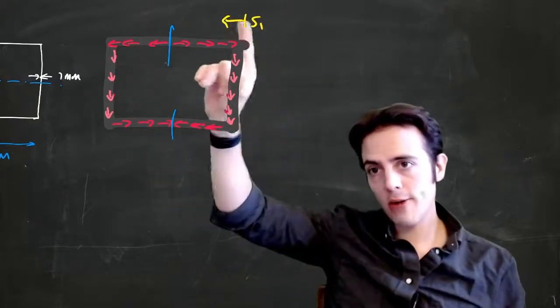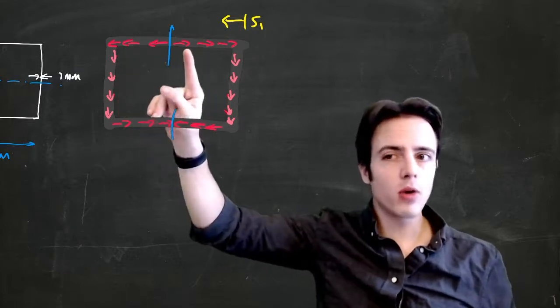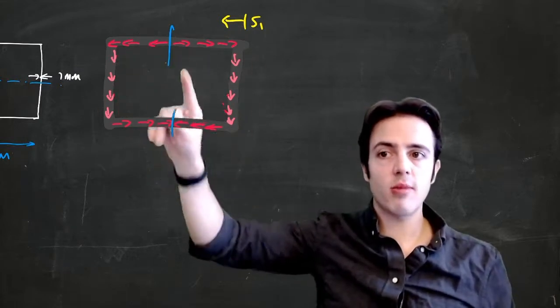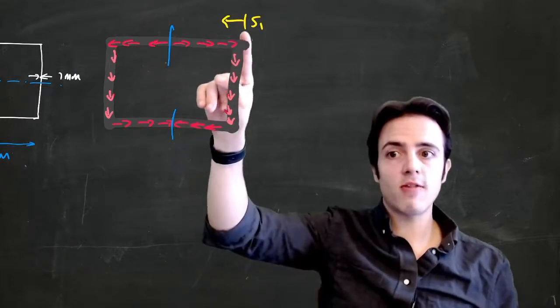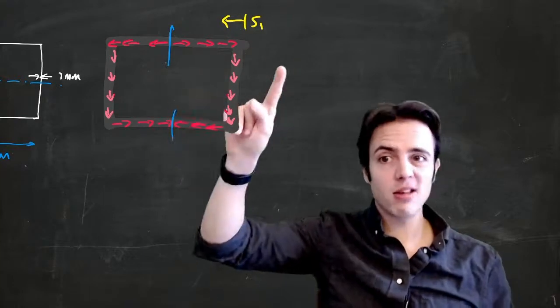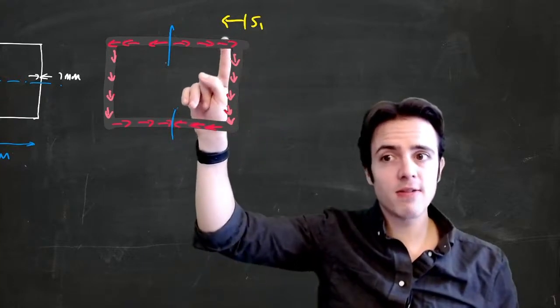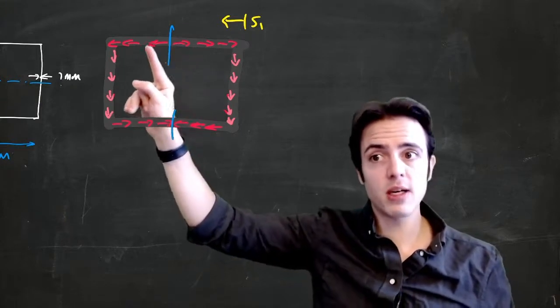This would be, according to our sign convention, the positive direction of S1. But we know, because of the way the shear flow distribution has to be along here, that the actual start of the shear flow as we go along S1 must be in the other direction. So we're going to have something that starts out negative, increases until some point where it switches over to be a positive number and goes there.